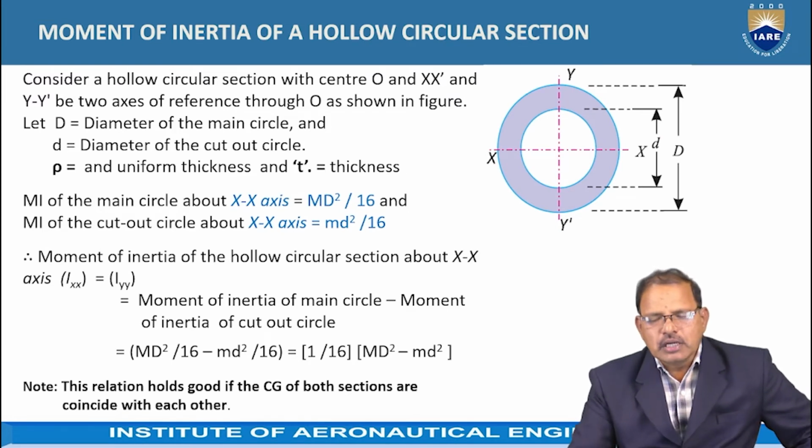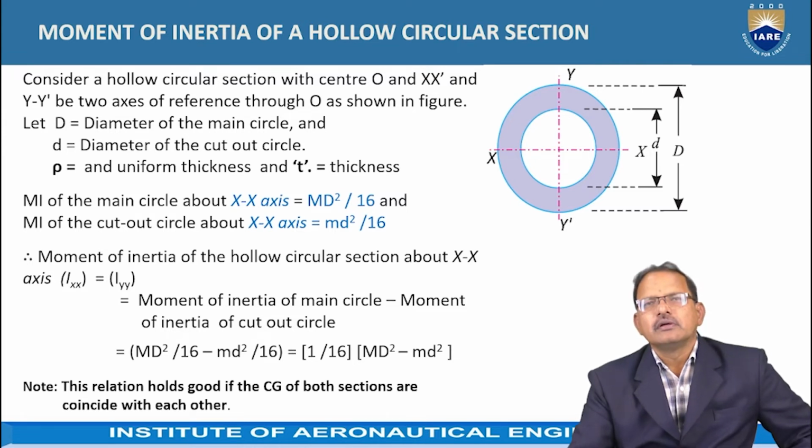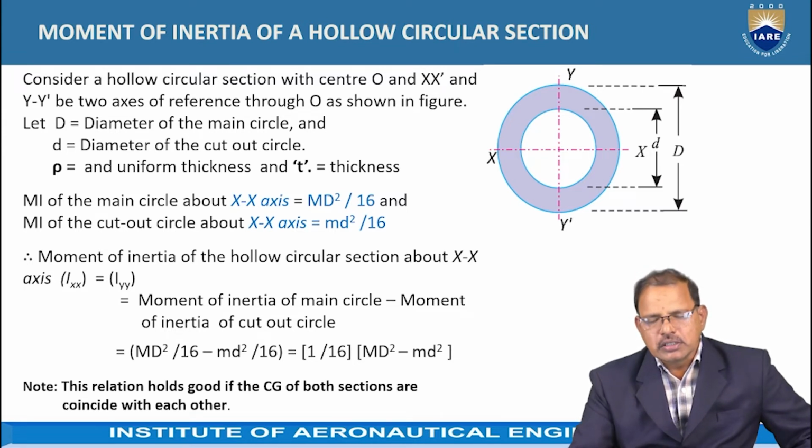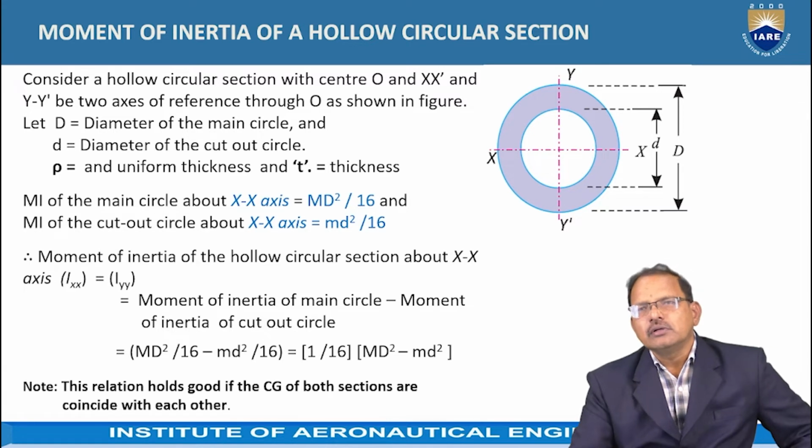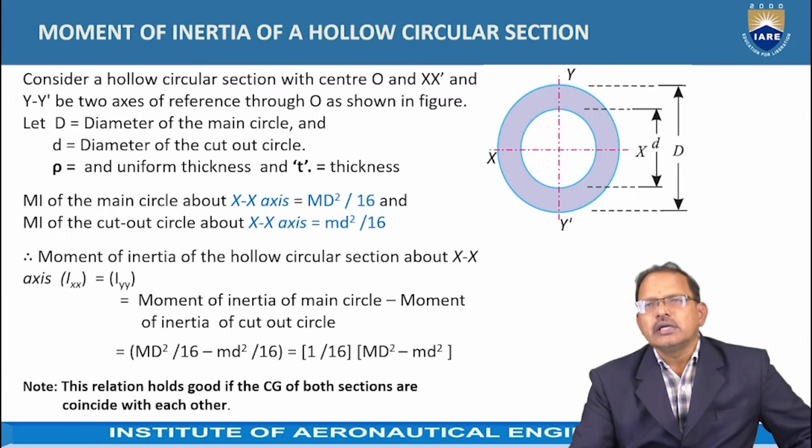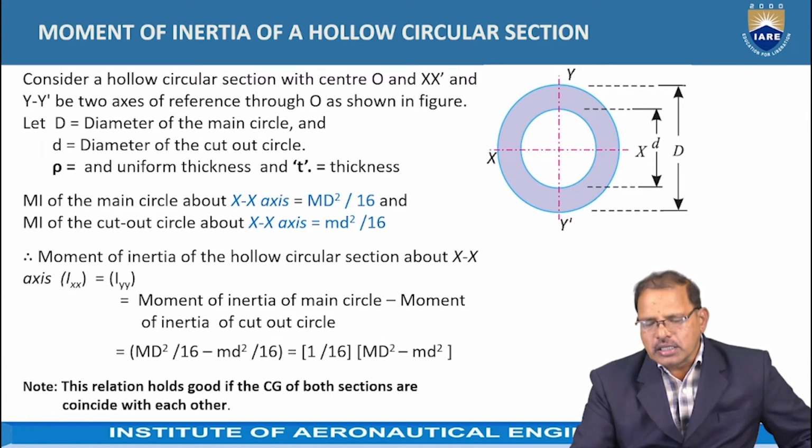The moment of inertia of a hollow circular section. Now consider a hollow circular section with center O, where the x-axis represents the horizontal axis passing through the centroid, and y dash represents the vertical line passing through the centroid as shown in figure.